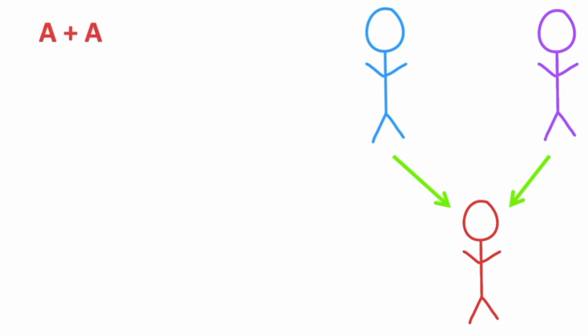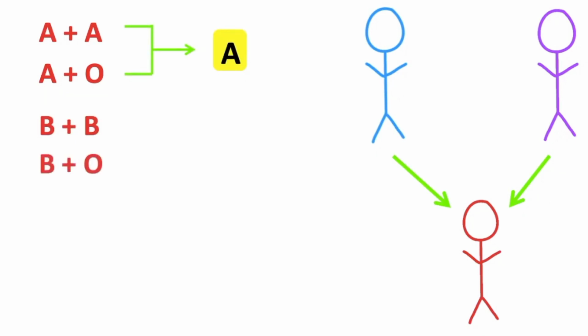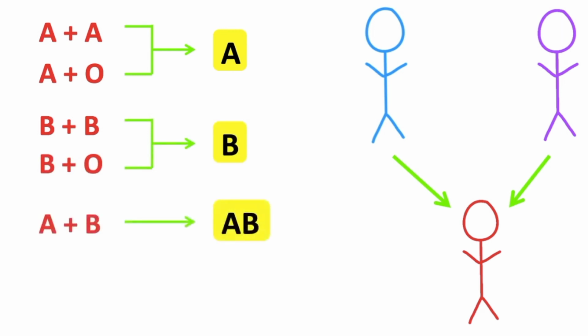So if you inherit AA or AO, then you will have type A blood. If you inherit BB or BO, then you will have type B blood. If you inherit A and B, then you'll have type AB. If you inherit OO, then you will have type O blood.